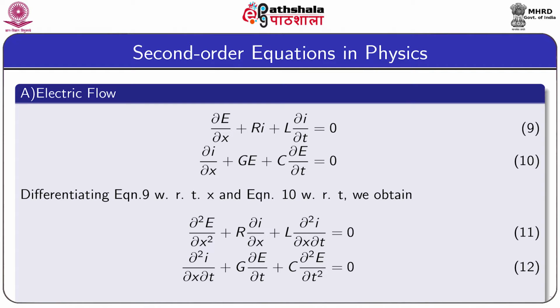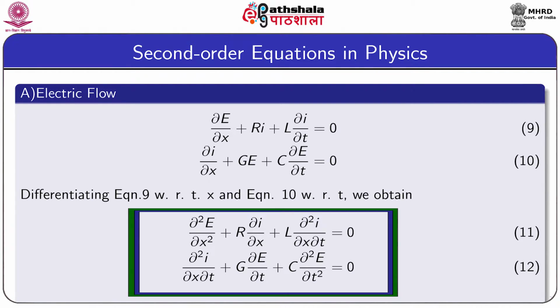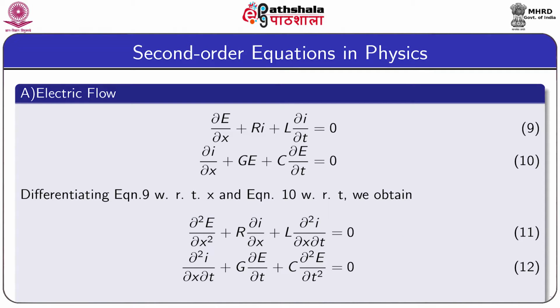Now, from equations 11 and 12, we can eliminate del 2I del x del t, and del I del x can be eliminated from equation 10.